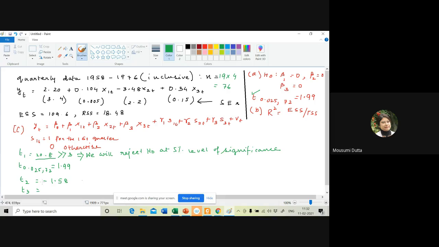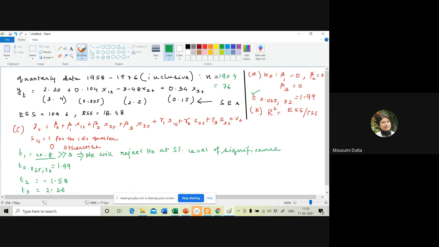And what is T3? It is 2.26. So the tabular value is 1.99.